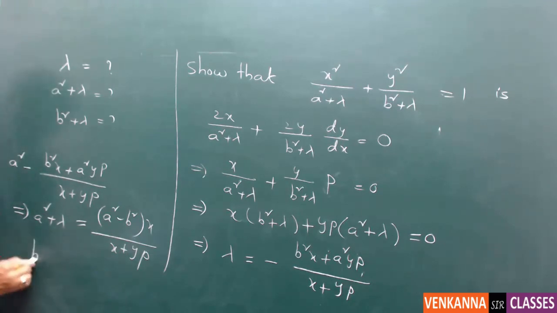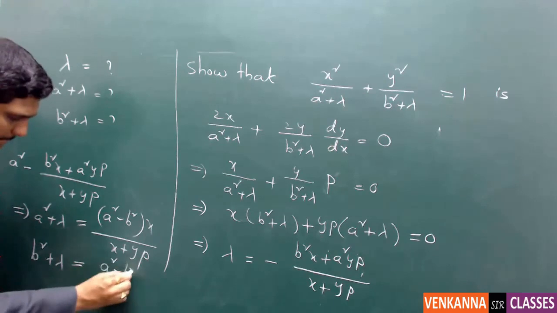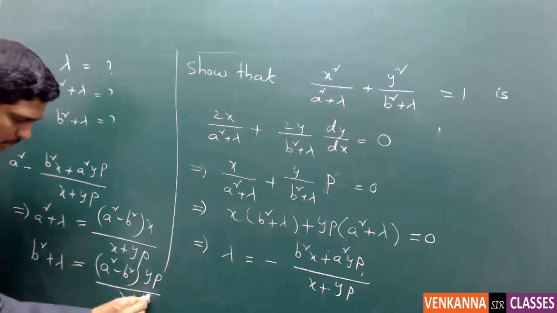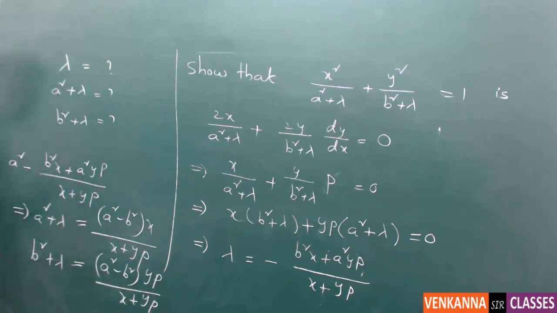Similarly, b square plus lambda is also equal to, a square minus b square into yp by x plus yp. Please check. Accepted?